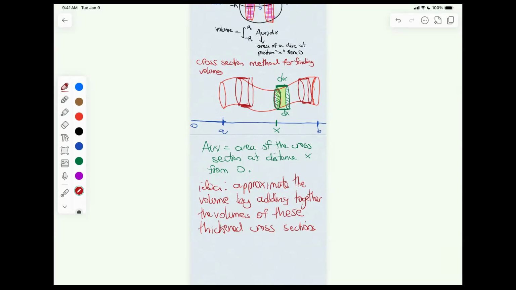So this is the cross section, and the height is the x, so base times height, right? That is the volume. The volume is base times height.